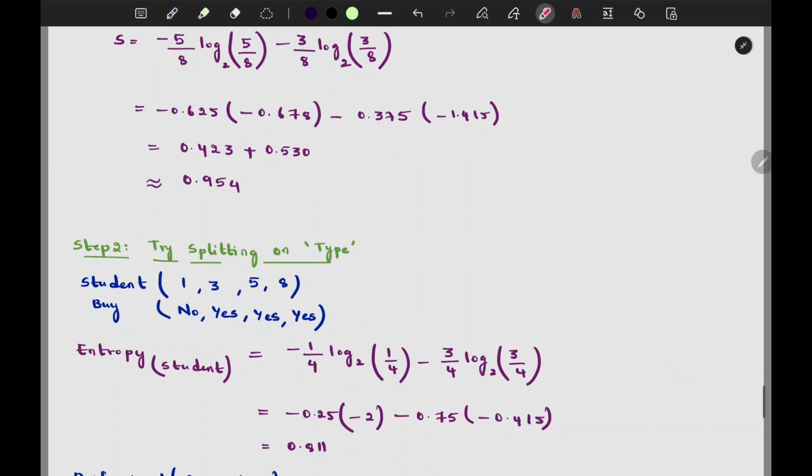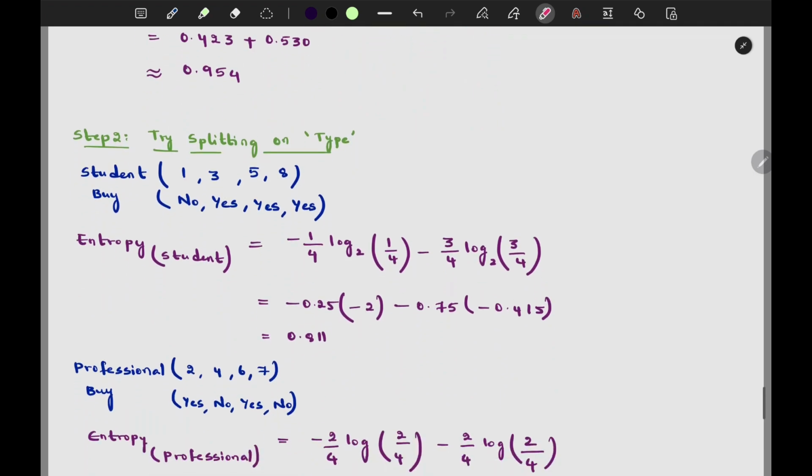If you see here, the probability of positive class is 3 by 4 and the probability of negative class is 1 by 4. So minus 1 by 4 log of 1 by 4 minus 3 by 4 into log of 3 by 4. After calculating these things, I got the value as 0.811 for the entropy of student.